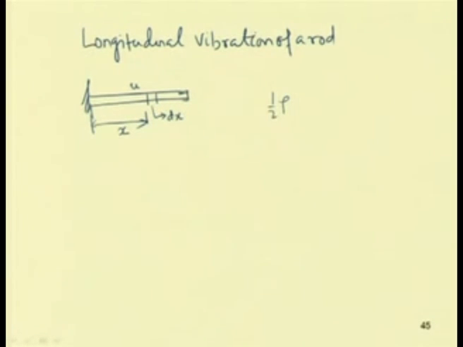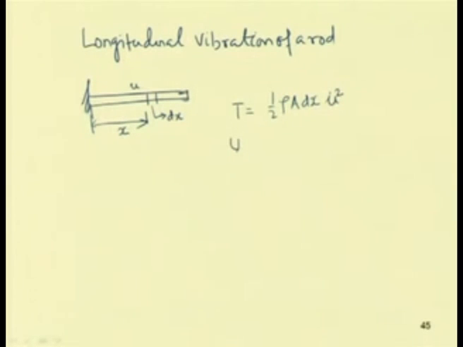If rho is the density of this rod, then the mass of the small element will be rho into A into dx, and its velocity becomes u dot. So, half mass into velocity square, that is u dot square. This is the kinetic energy of the small element.